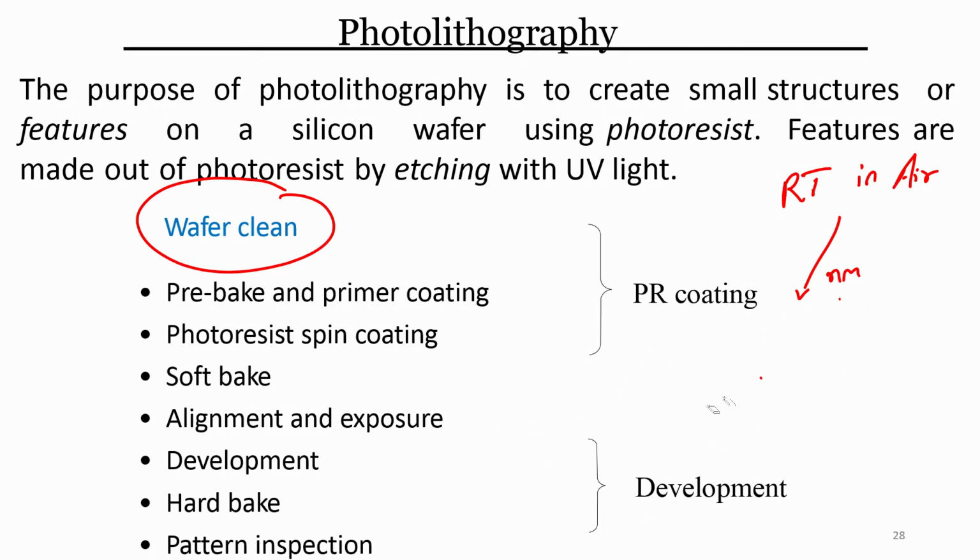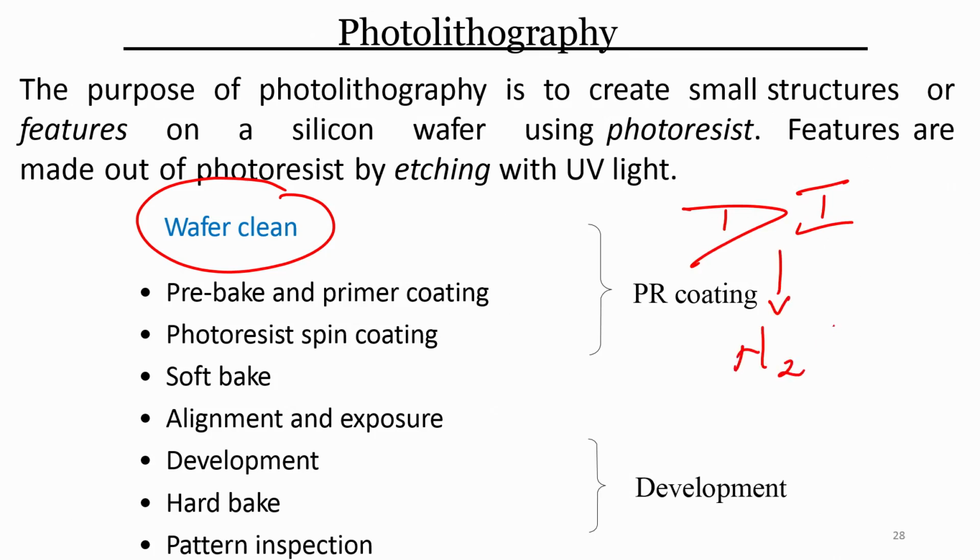After the silicon dioxide is etched, you have to perform the rest of the steps, which is cleaning with DI water, deionized water, followed by drying with N2, nitrogen air, followed by pre-baking, to remove any moisture on this surface.